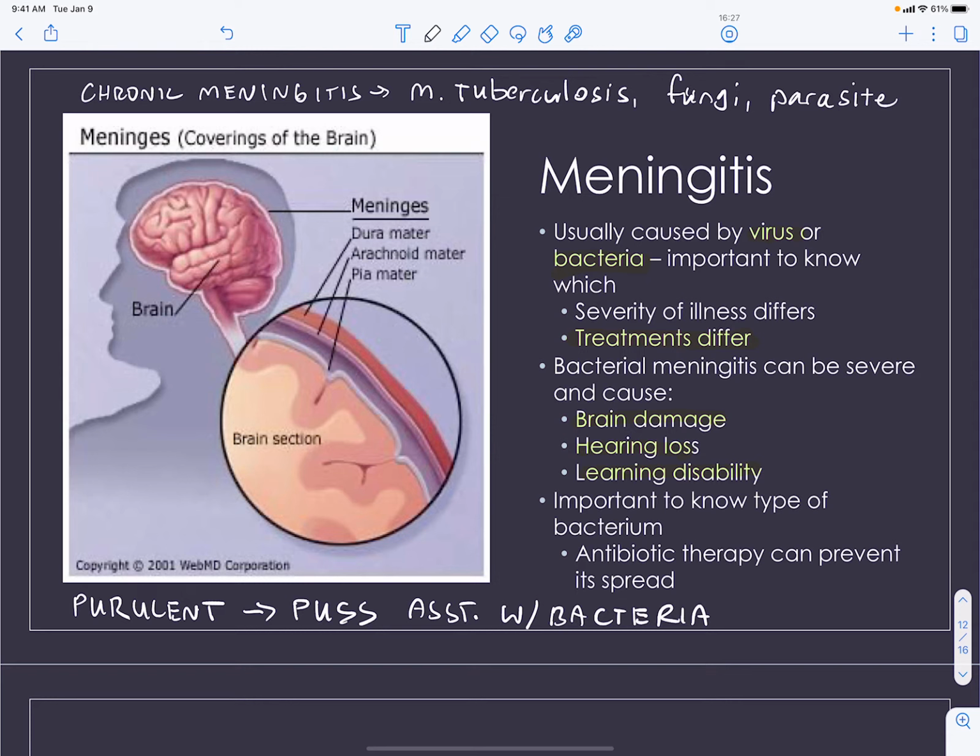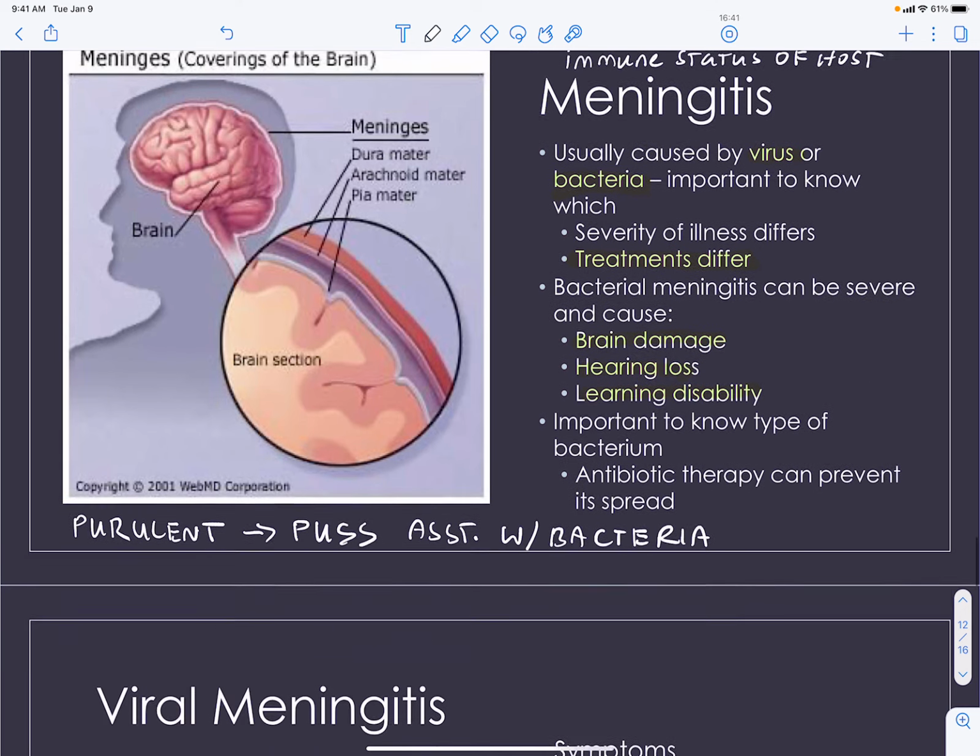And remember that TB and fungus goes back to immune status of the host. But not parasites. Parasites can infect healthy people just as easily.